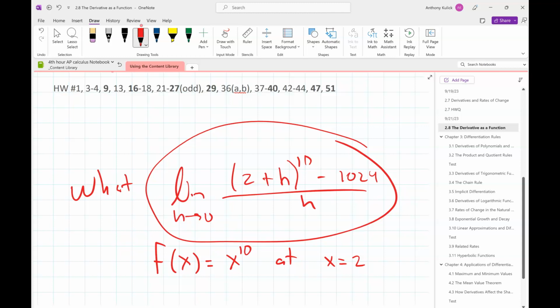Very rarely do they ask you to use the definition of the limit to do something. Maybe one part of a free response question, but that would be the extent of it. So by and large, it's just use the shortcuts, use the shortcuts, use the shortcuts. They're going to do the definitional stuff with graphs or tables where you don't really have to do the crappy limit.